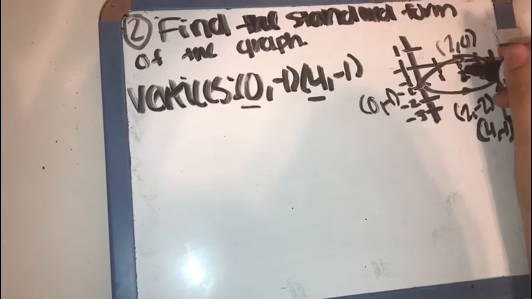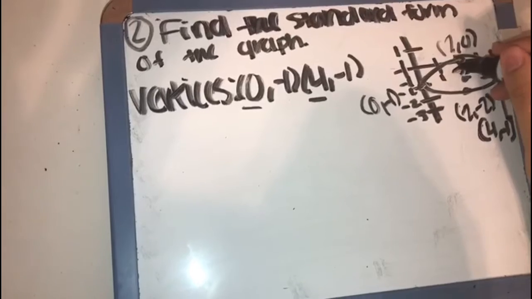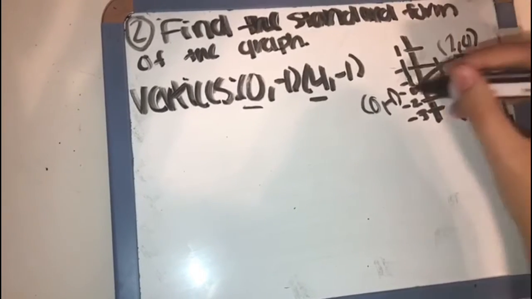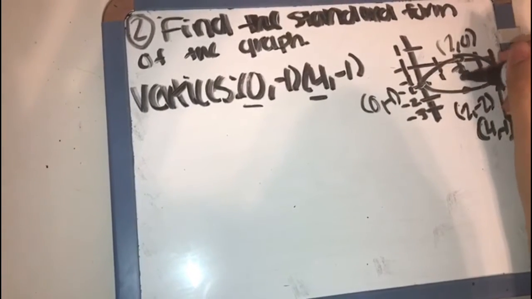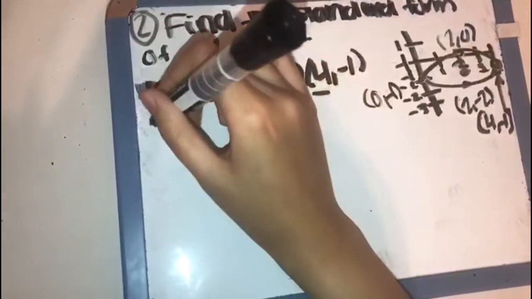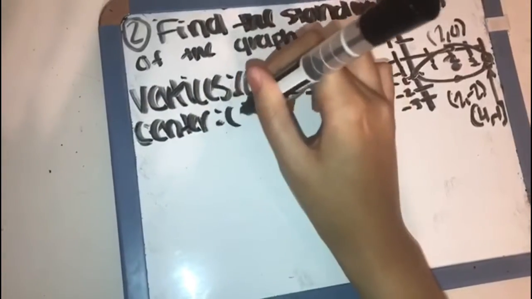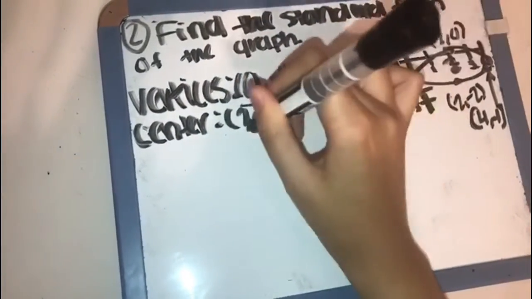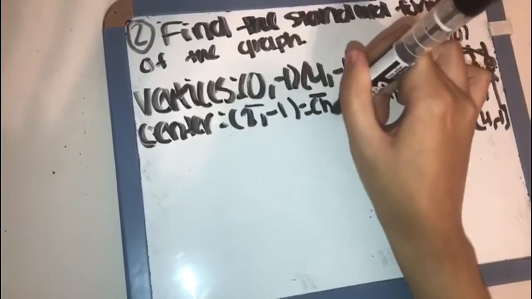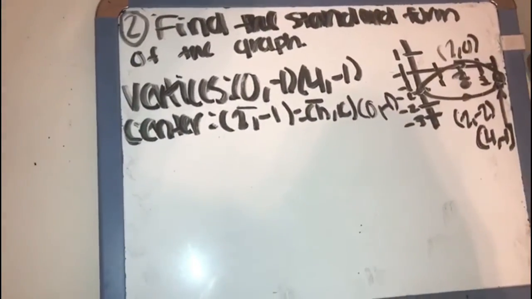That means it's 2 and -1. It's kind of messy on the graph, but you can see this is a 2, because 1, 2, 3, 4, and then -1 would be right here. So this is the second characteristic we found. So the center is 2 and -1. Just remember, guys, center is always h and k.